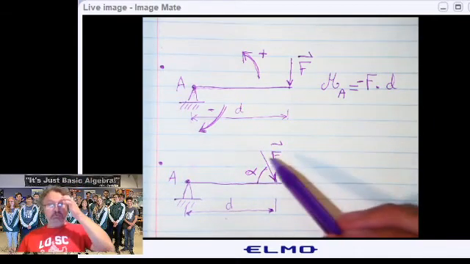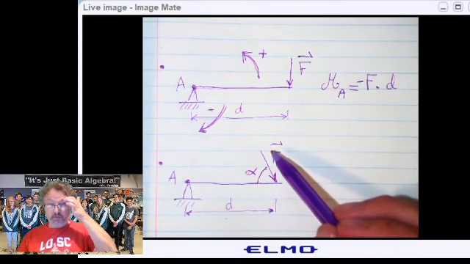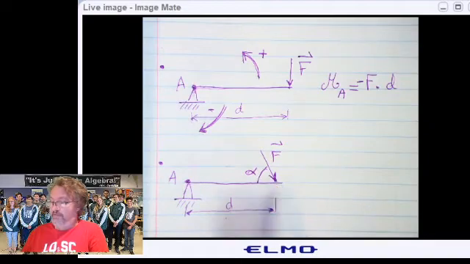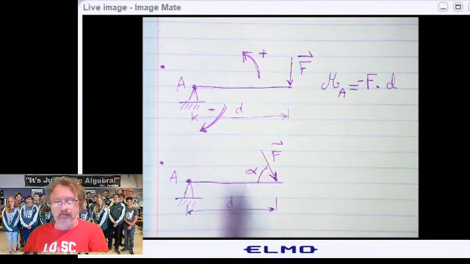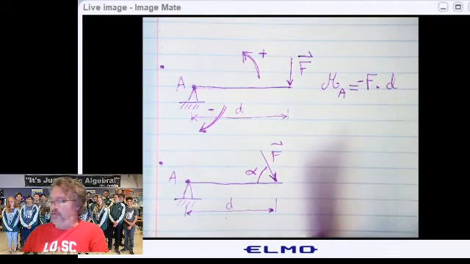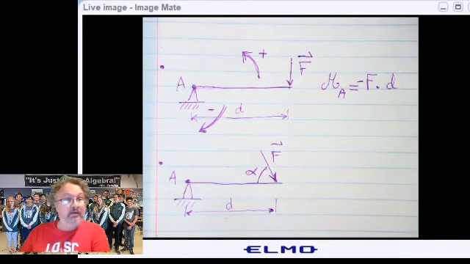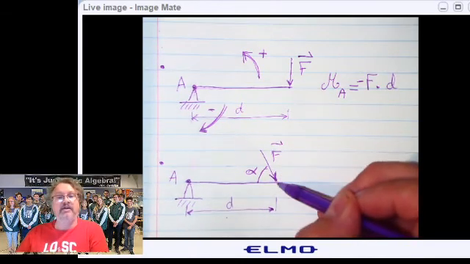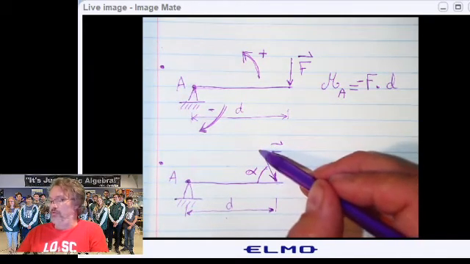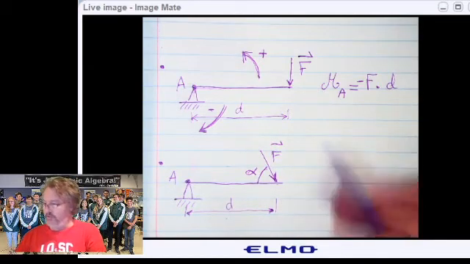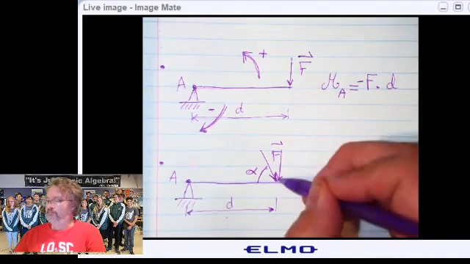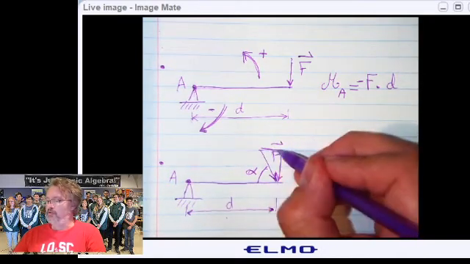So what you want to do here when you calculate the moment, you want to consider that the force F has to be perpendicular to this bar in order for the moment to be calculated correctly. So what you can do here is you can split this vector F into its horizontal component and its vertical component. So the vertical component will be this one, and the horizontal component will be this one.